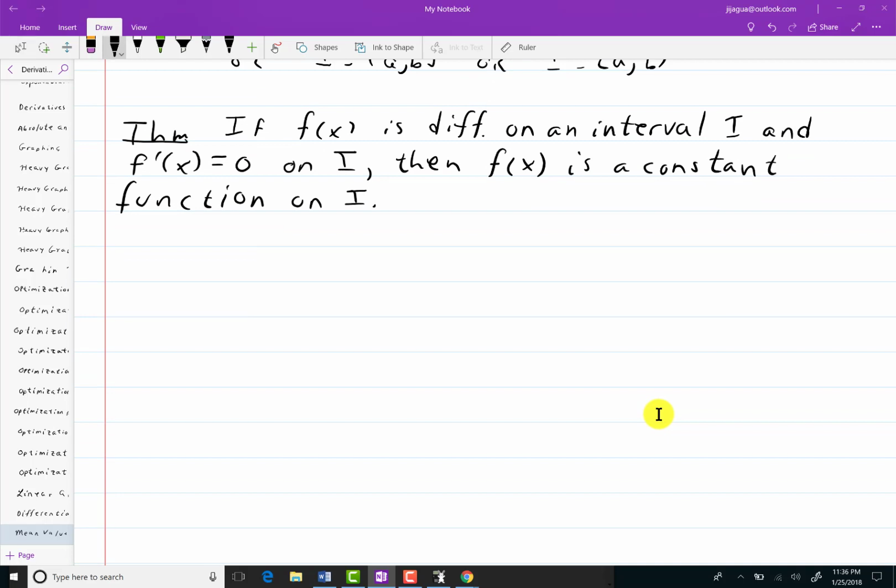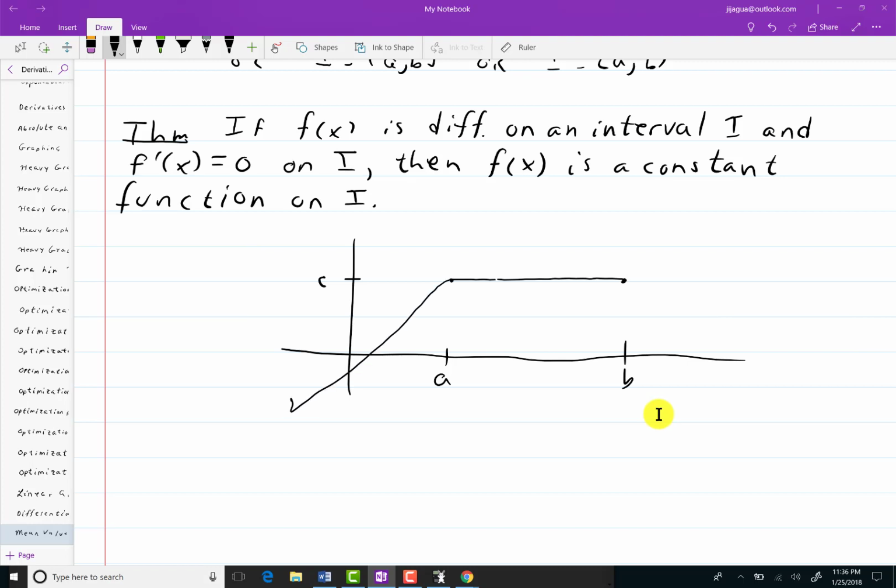If you have an interval, let's say a to b, and I know that for the entirety of that interval my derivative is 0, that means that the tangent line is always horizontal on the whole thing. Then this function has to be constant on at least that interval. Now, it can do whatever it wants outside of the interval, but on the interval, it has to be constant.